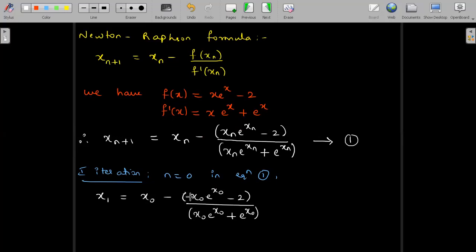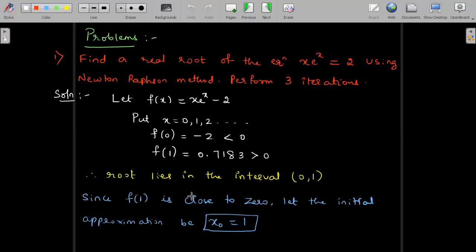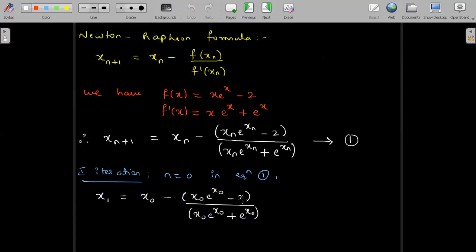We know the value of x naught. We have already written the initial approximation x naught is equal to 1. So let us substitute that value here. That gives us the x1 value. So x naught is 1 minus 1 into e power 1 minus 2 divided by 1 into e power 1 plus e power 1. You can make use of the calculator and obtain the answer for this.